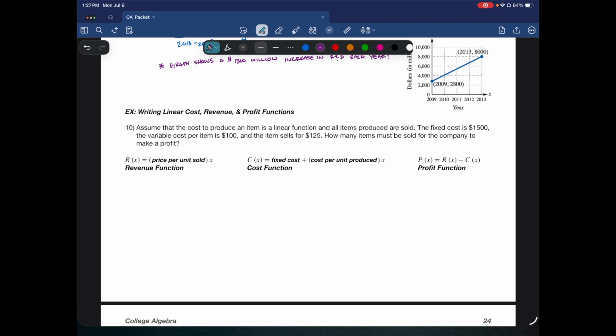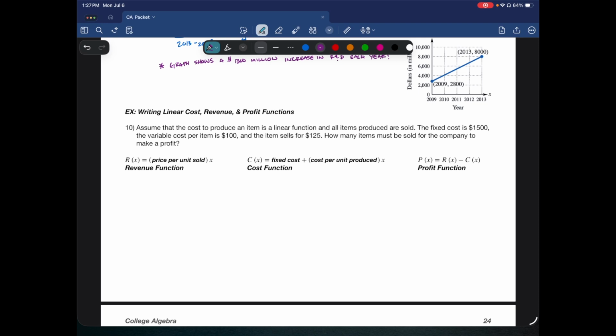The fixed cost, which means all your upfront costs. So if you're starting from scratch, you need some seed money to get you started, to buy the equipment and all the things. So the fixed cost is $1,500. The variable cost per item is $100, and the item sells for $125 a piece. How many items must be sold for the company to make a profit?